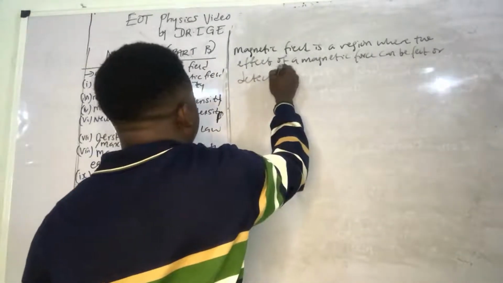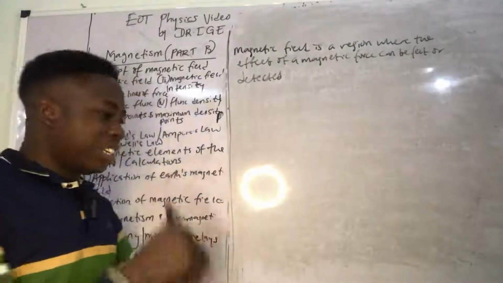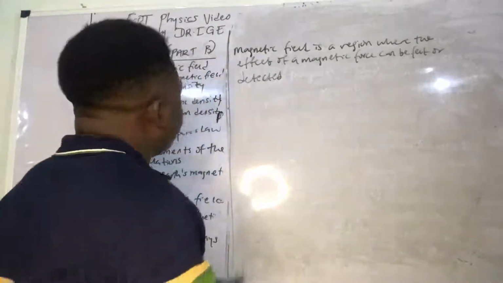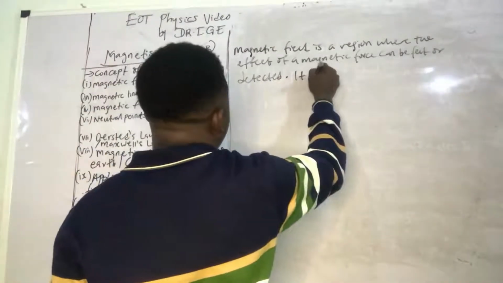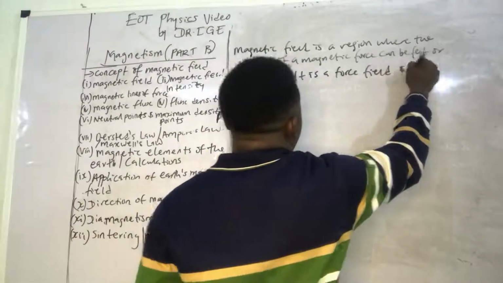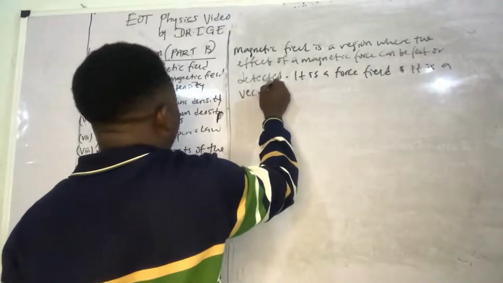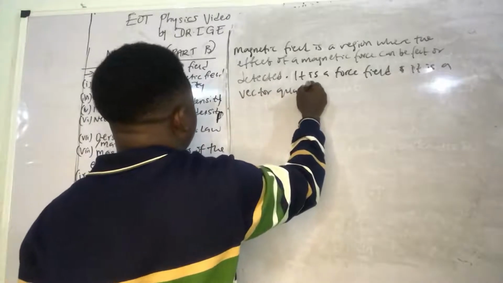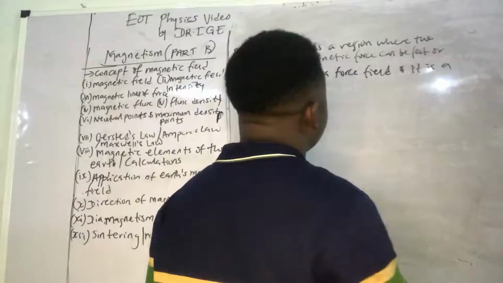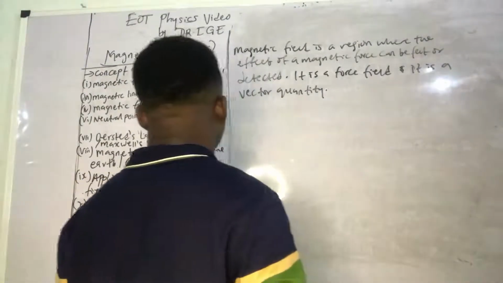That's just the basic definition. A magnetic field is a region where a magnetic force can be felt. Please take note, it is a force field and it is a vector quantity.